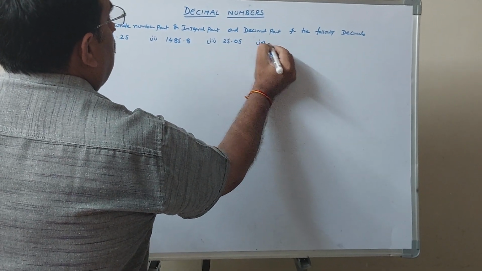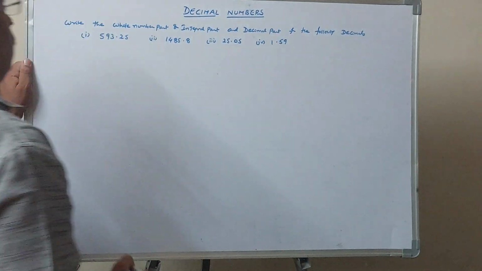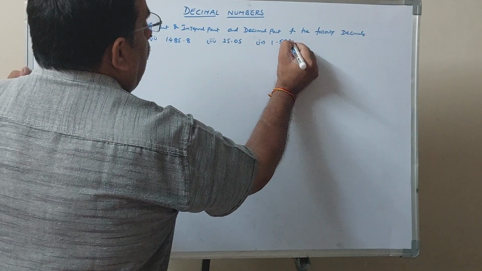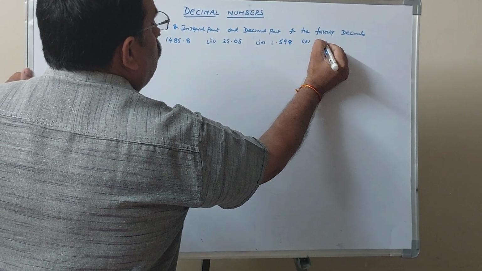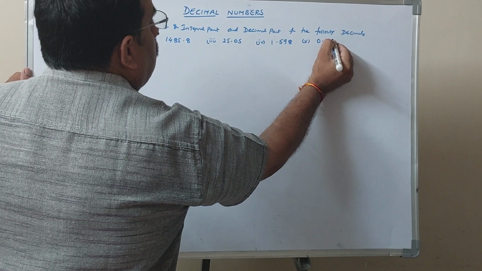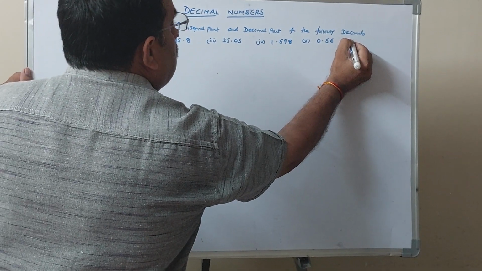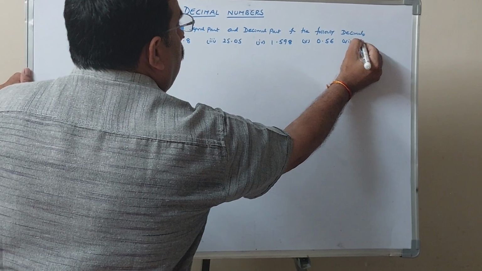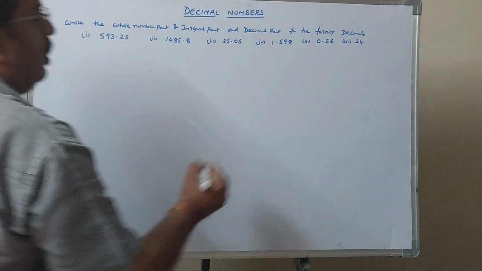Fourth one is 1.598. Fifth one is 0.56. Sixth one is 24.5.